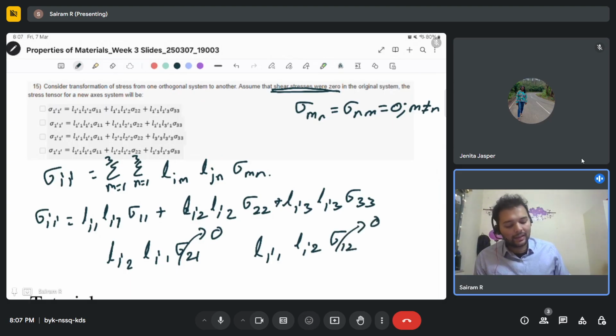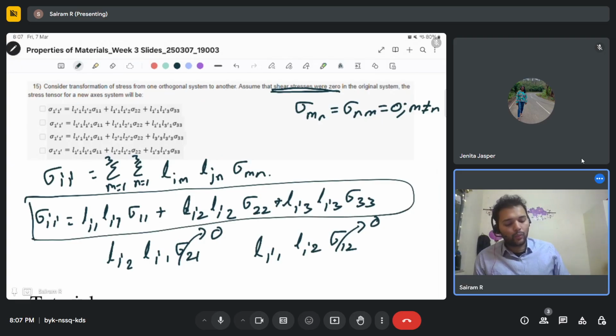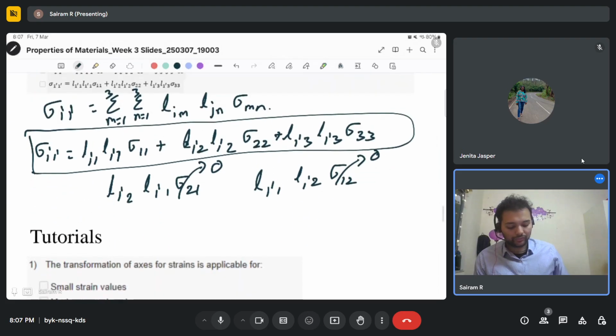Anything other than m and n being the same becomes 0, because the components sigma 1 2, sigma 2 1, sigma 1 3, sigma 3 1, sigma 2 3, sigma 3 2 are all 0. So only this is the correct expression for our case where the shear stresses are 0.